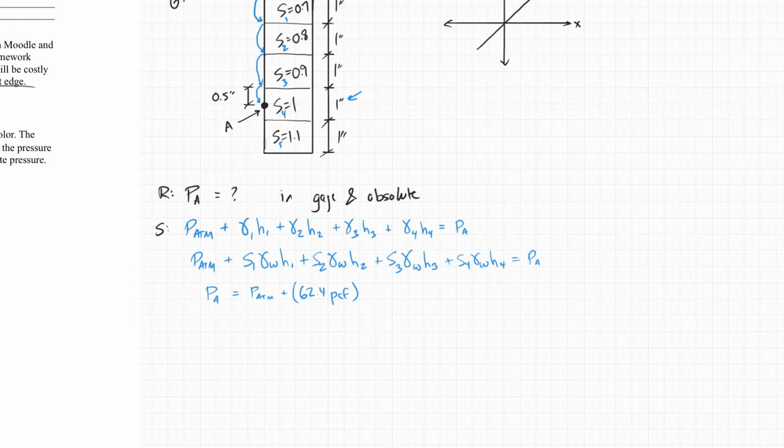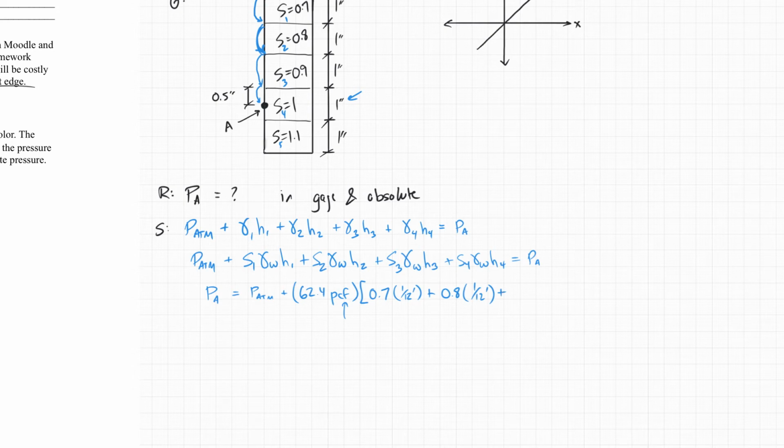Okay, so now we're left with S1, so that's 0.7 times H1, which is 1 inch, but I want it in feet because we've got feet right here. Then plus S2, 0.8 times H2. So for H2, we've gone down 1 inch, so 1 over 12 feet.